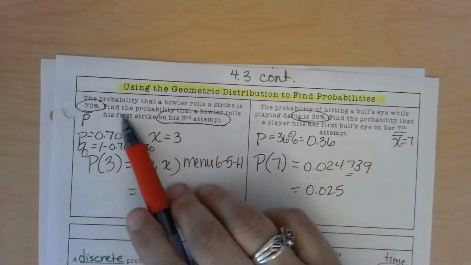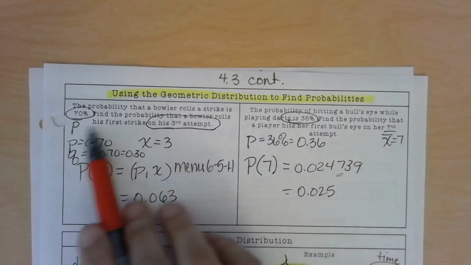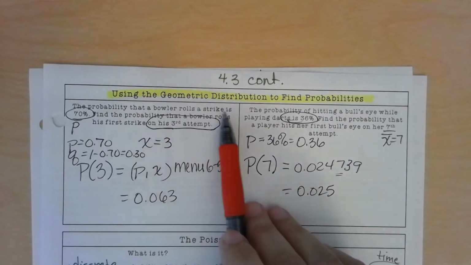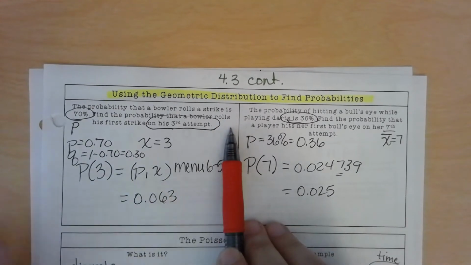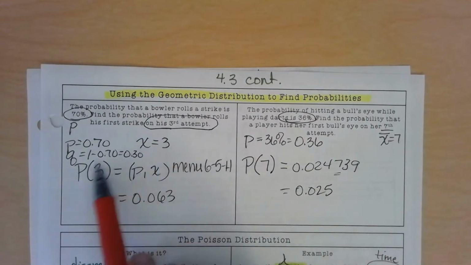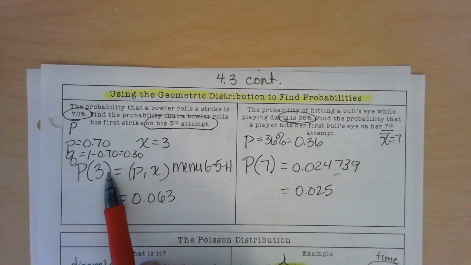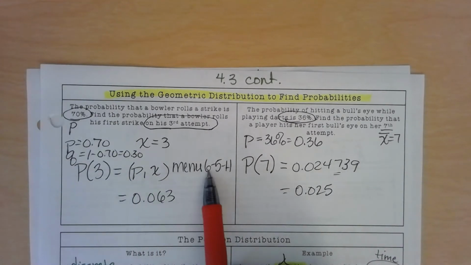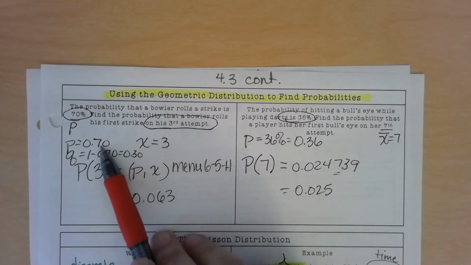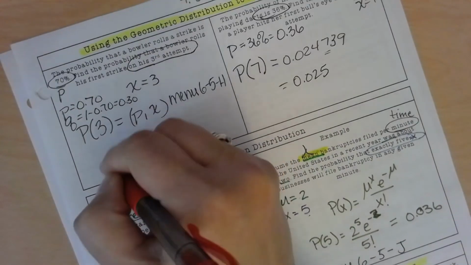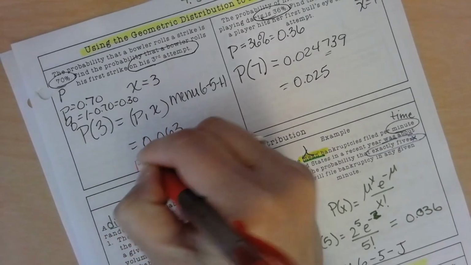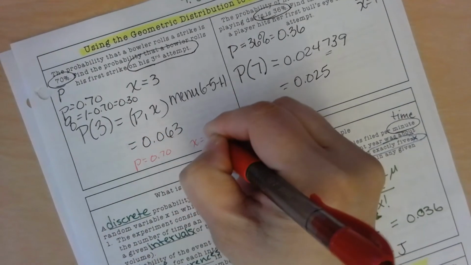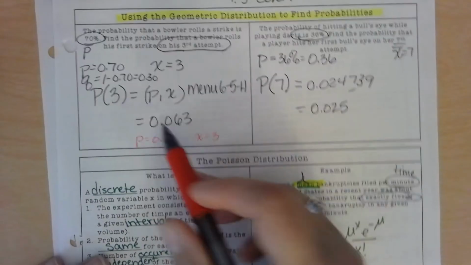Okay, a couple more examples. The probability that the bowler rolls a strike is 70%, so that is your P. Find the probability the bowler hits his first strike on the 3rd try. That is P comma X in your calculator using 6 5 H. P is 0.70, X is 3, so you put it in, hit enter, and you get that answer.